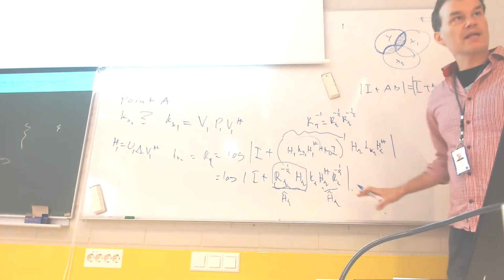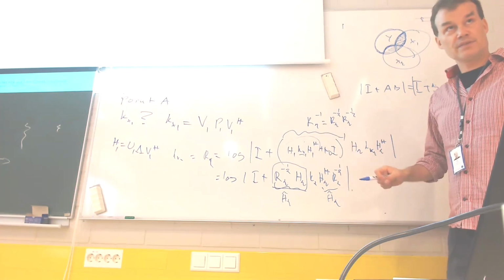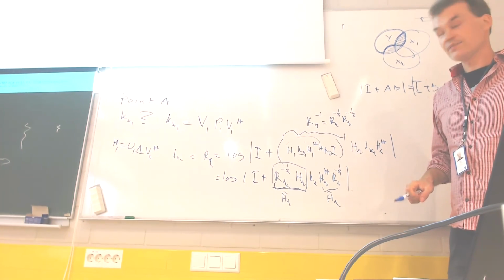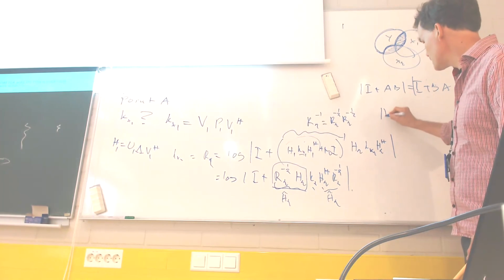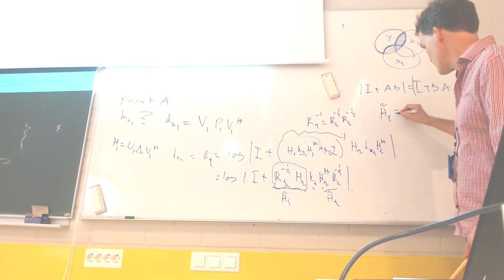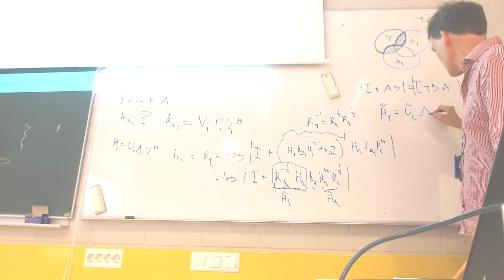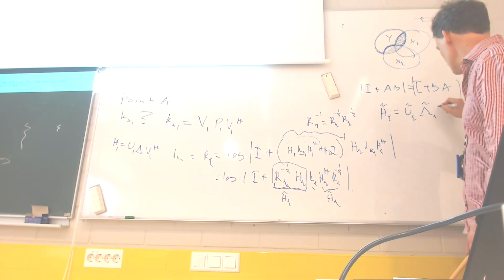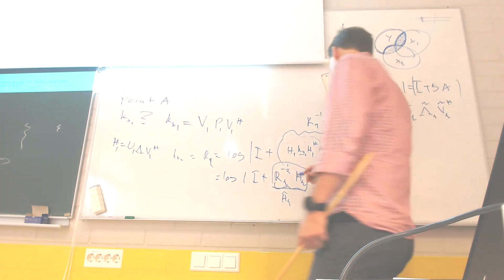So it's equivalent to point-to-point MIMO with a whitened channel, okay? And then what you do is H tilde 2 equals U tilde 2 lambda tilde 2 times V tilde 2 Hermitian.